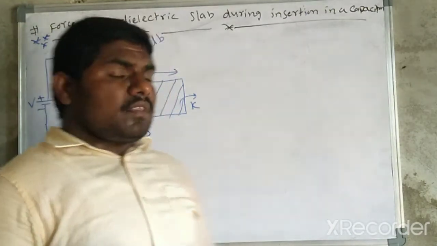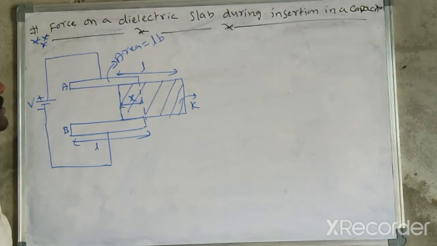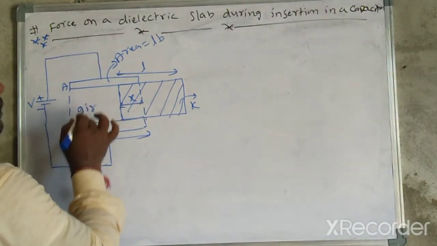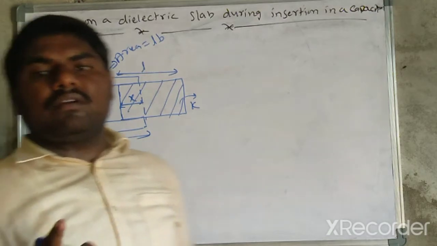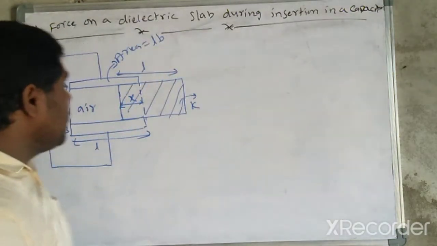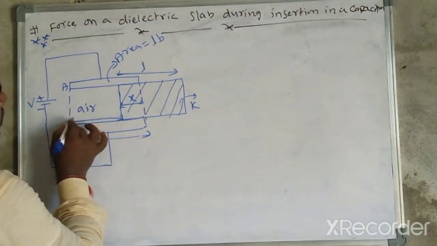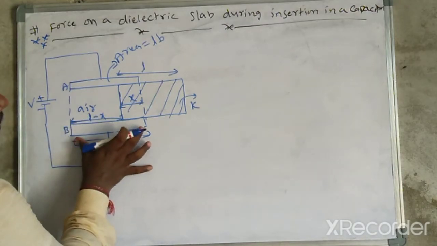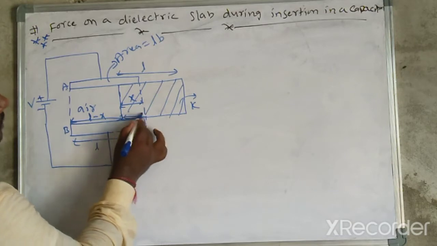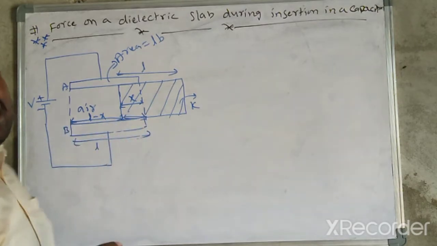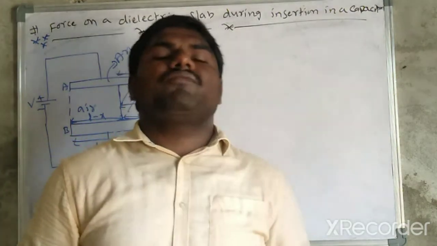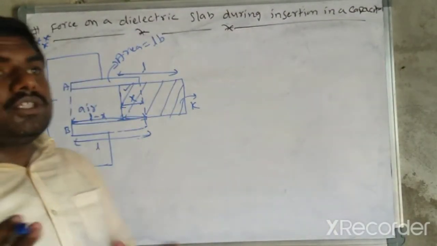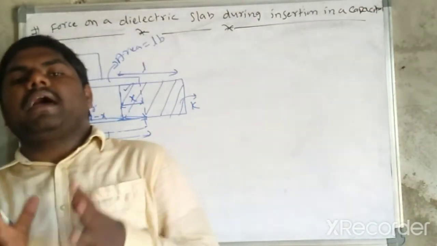While applying the battery potential, the remaining part is air, with dielectric constant 1, as we already know. The length of the air is L minus x. So from here to here is total L, here x, and the remaining length is L minus x. First of all, you may identify whether these two media, the dielectric and the air, are in parallel or series.